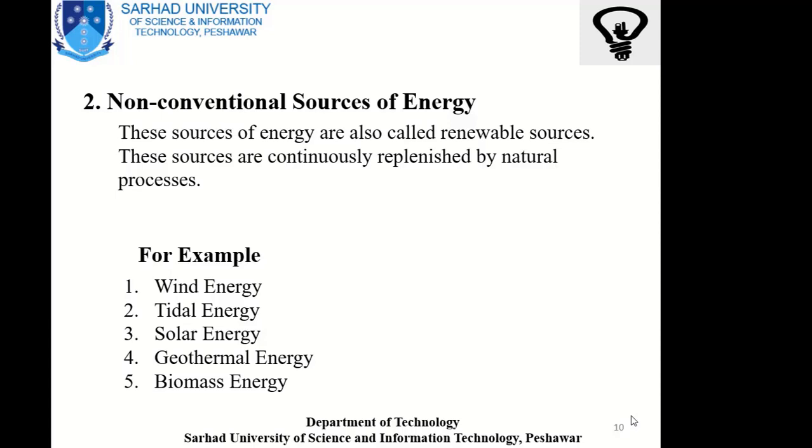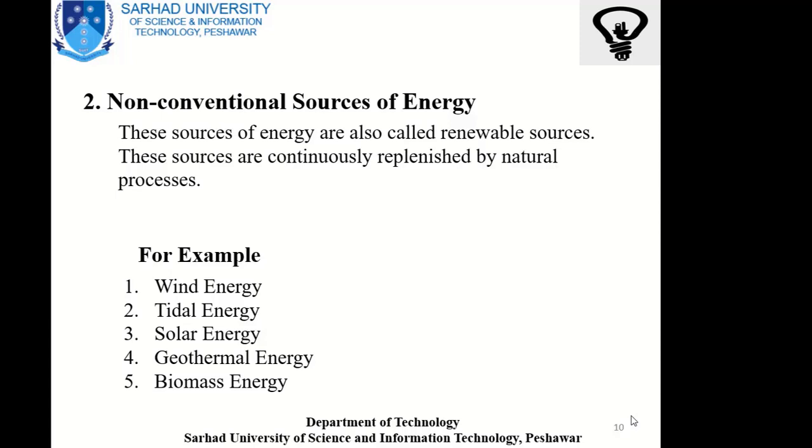These sources are known as renewable, and they are continuously replenished by natural processes. They are naturally reloaded, and renewable energy is also referred to as clean energy. It comes from natural sources or processes that are constantly replenished.